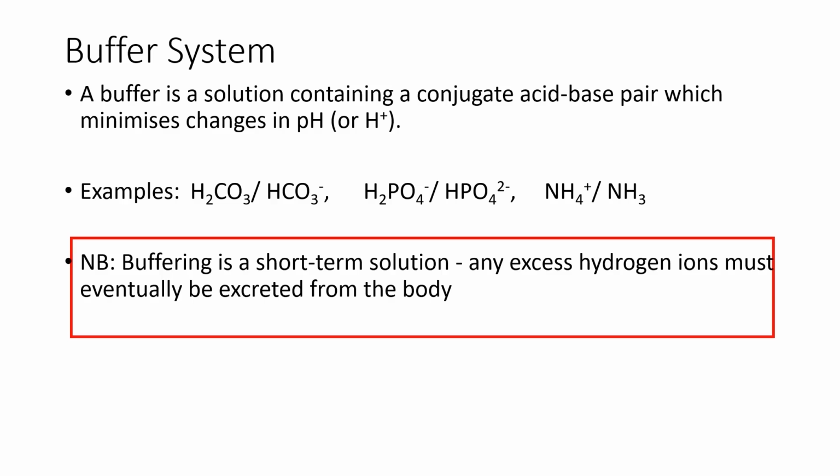Now, different types of buffer systems are present in the body, and essentially they include the bicarbonate buffer system, the phosphate buffer system, and the ammonia buffer system. It is important to know that buffer is a temporary solution to changes in acidity and alkalinity of the body.